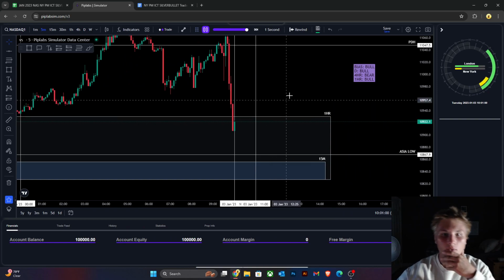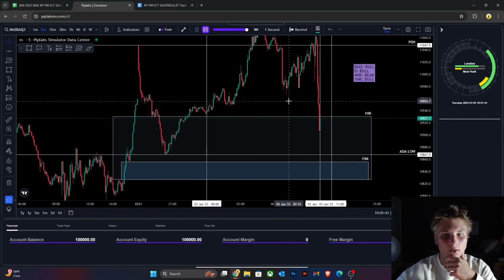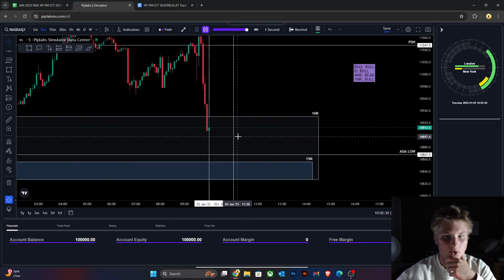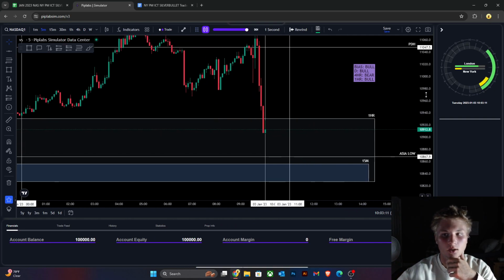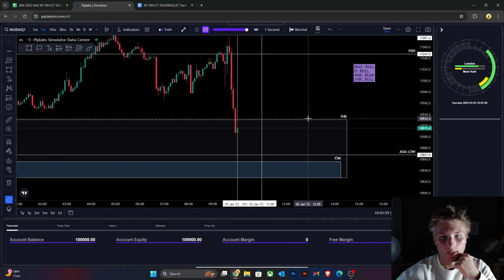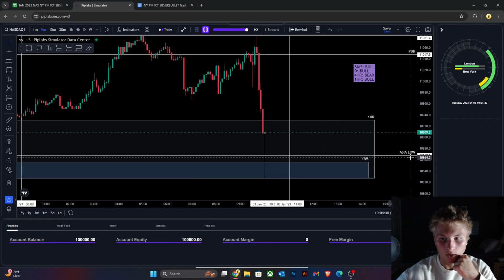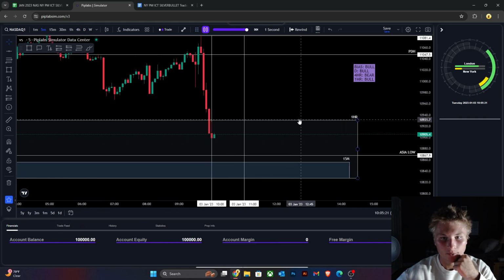Right now I'm looking for a fair value gap to continue us to the upside. So right now we could wanna sweep this Asia low right here.